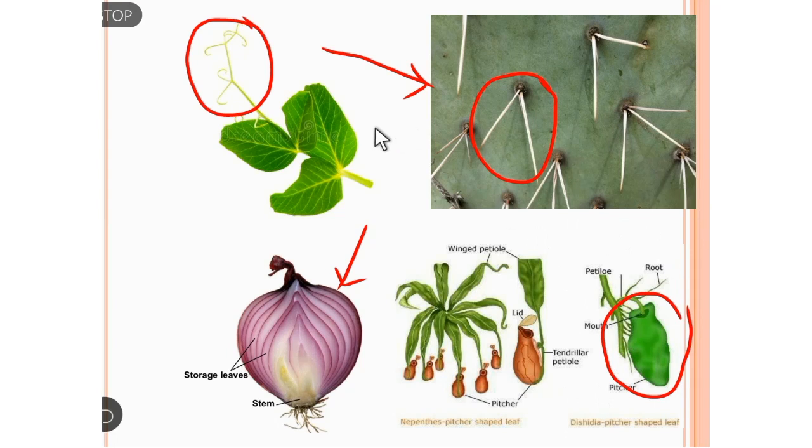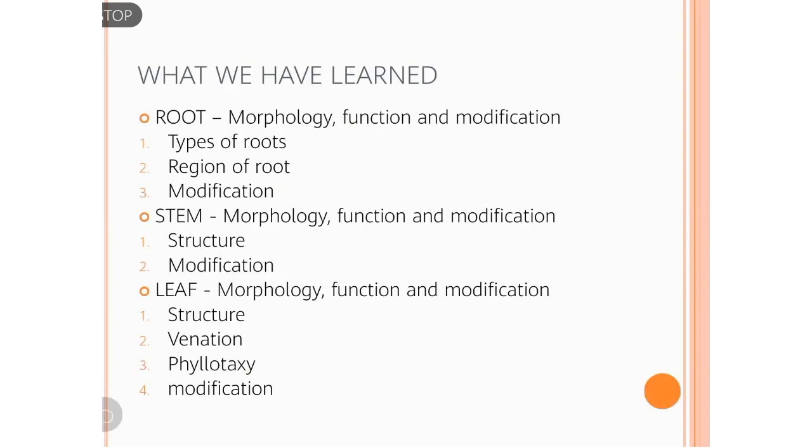So that is actually what we have to learn about leaf in general. Now let's summarize what we have learned so far. We have learned the morphology, function and modification of root. We have learned different types of roots like taproot, fibrous root, adventitious root. We have learned the regions of a root, so that's the basic structure of a root, and the modification of root.